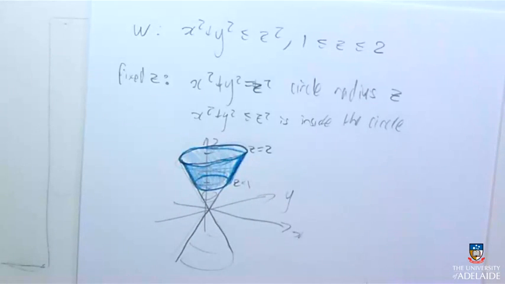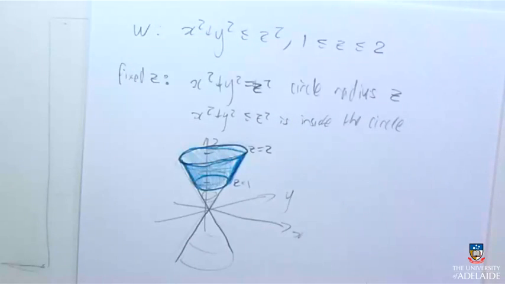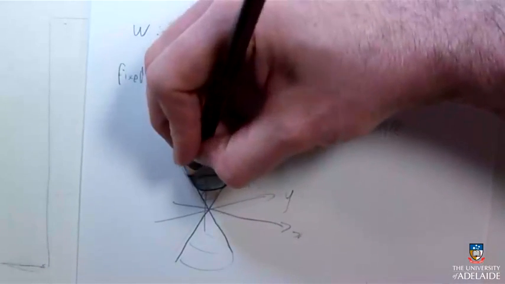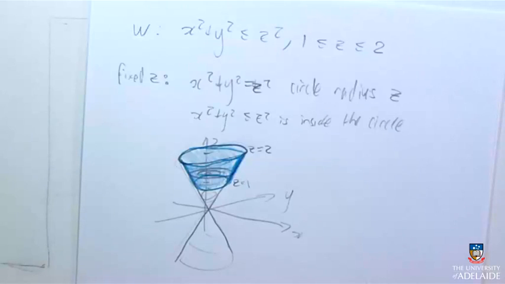And so having something that's based on parameterizing the circles, I can imagine this as being made of a circle at every height made up of little circles inside it. That can be my way of parameterizing this volume.